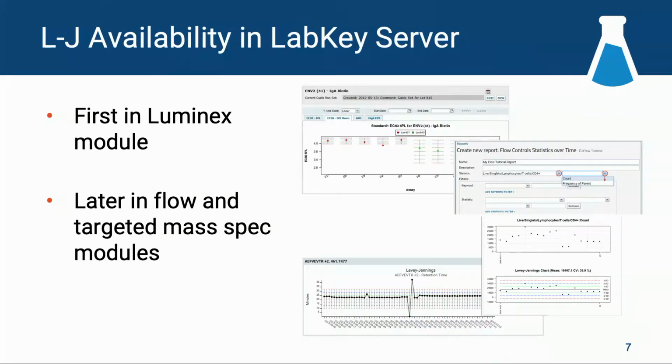So the history of this in LabKey is, I forget exactly when we started, maybe 8 years ago, 10 years ago, working in the Luminex module. Luminex, for those not familiar, is a plate-based, multiplexed, fluorescence intensity type measurement.